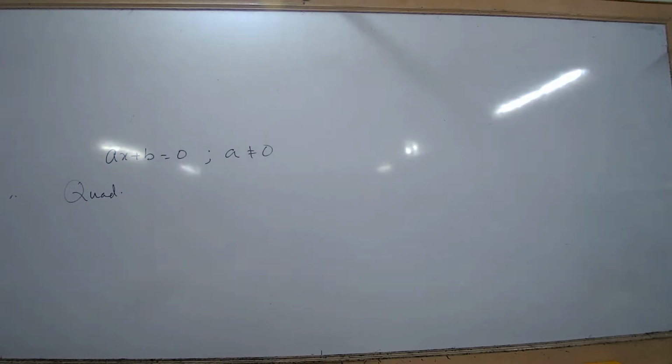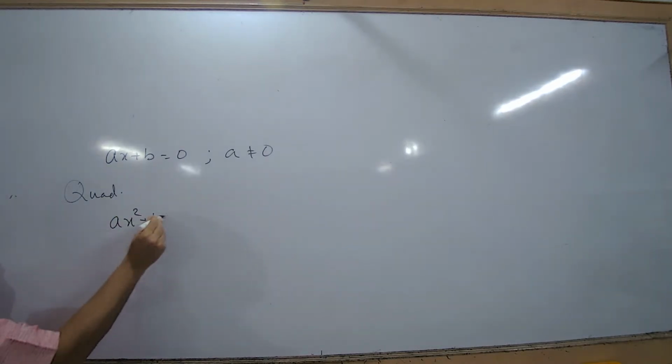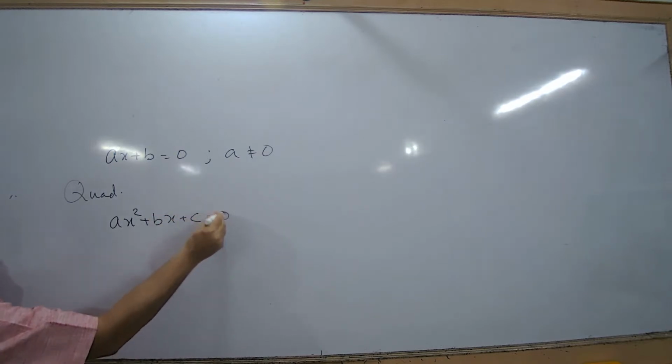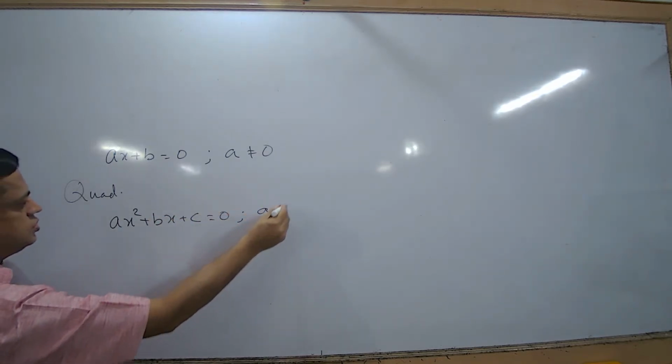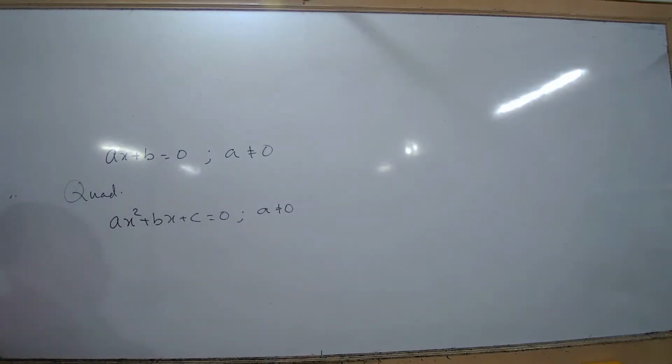General form is ax square plus bx plus c is equal to 0, where a is not equal to 0.